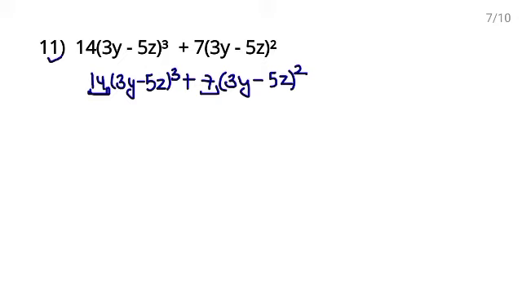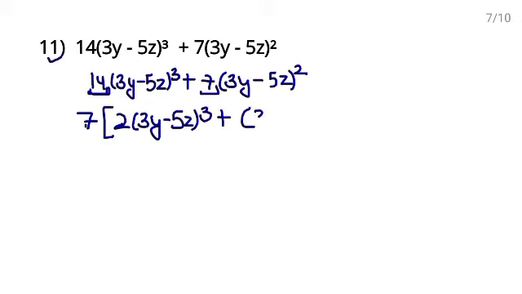First we take 7 common from these. So now it becomes 7 twos are 14, 3y minus 5z cube, plus 7 we have already taken outside the bracket. It becomes 3y minus 5z square, or you can write 1 here, because 7 ones are 7.